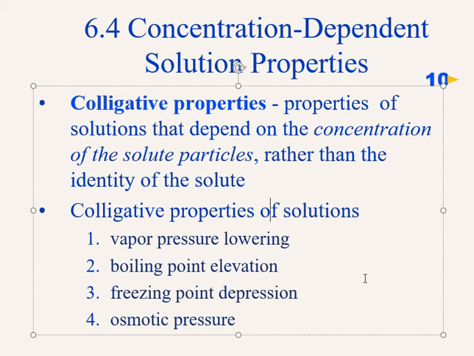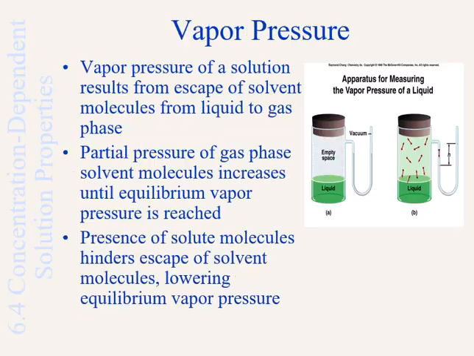And needless to say, the application of these four properties has been put in place by various industries such as the automobile industry or in a medical environment, as we will soon see. So the first one, vapor pressure.